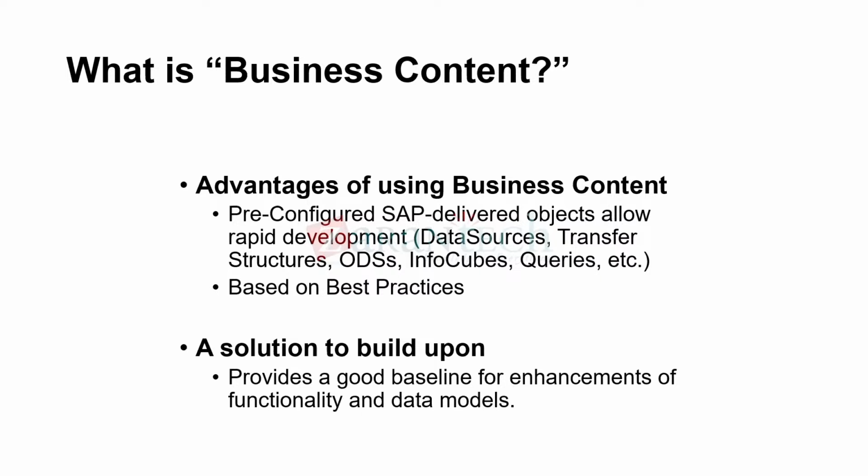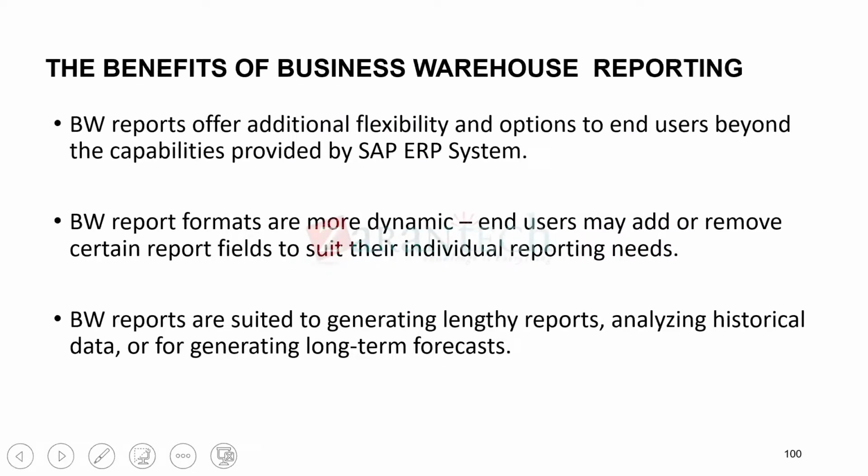So you had a very powerful feature to build reports with very minimal effort. We will go through this feature in detail, which is called business content, in our subsequent slides. What are the benefits of going for BW reports? They are very flexible.